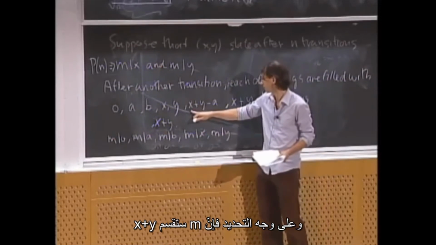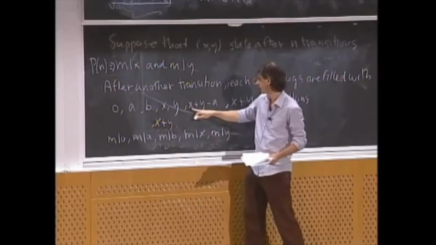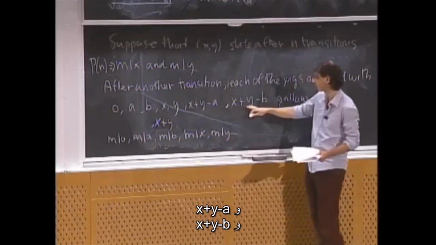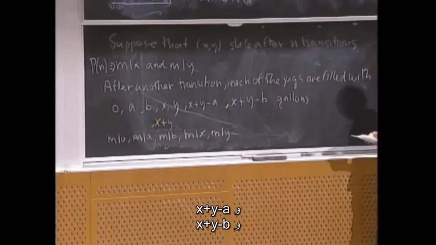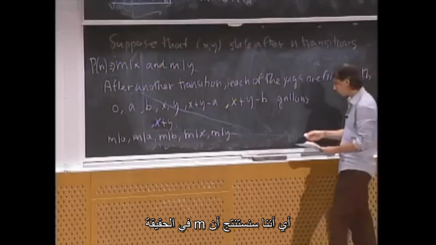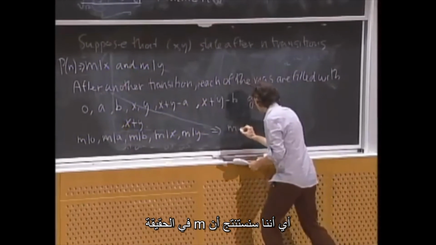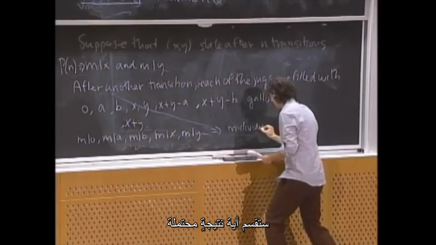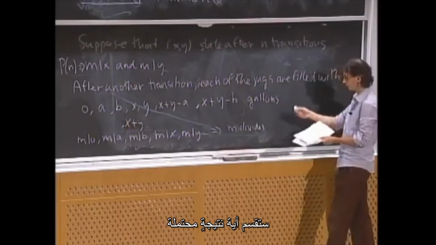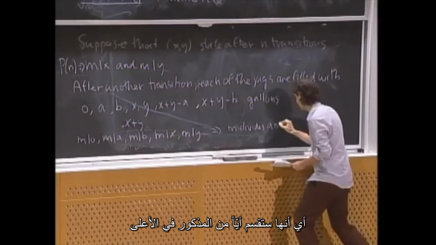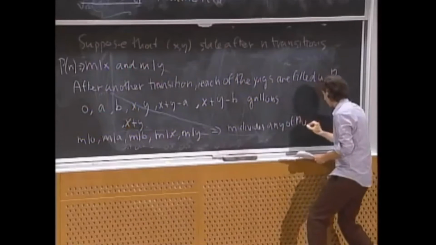In particular, m will divide X plus Y, X plus Y minus A, and X plus Y minus B. So we conclude that m divides any possible result, any of the above. And now we're done.